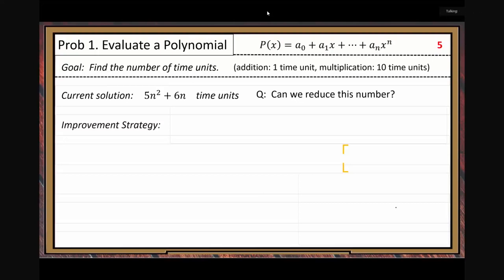So here, let me give you another improvement strategy. When we need to solve a new problem and it is not easy to solve, usually we need some strategy. Think about a real world situation.